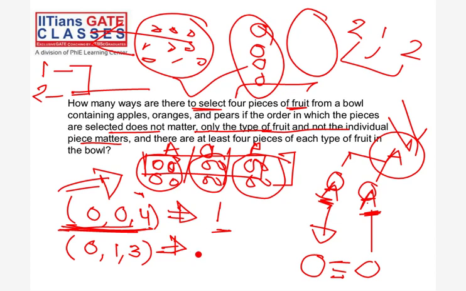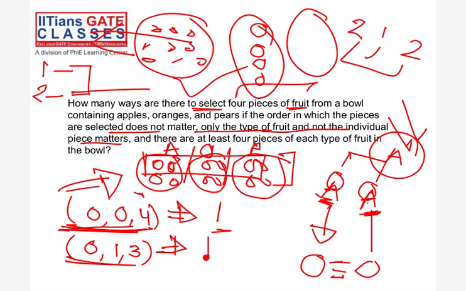Can anyone tell me how many ways are there to do this kind of selection? Specifically this kind of selection, yes, right, Gayatri, right.